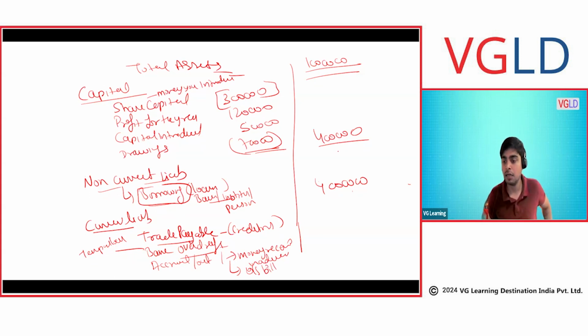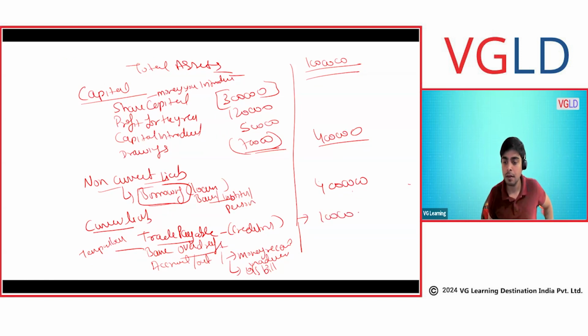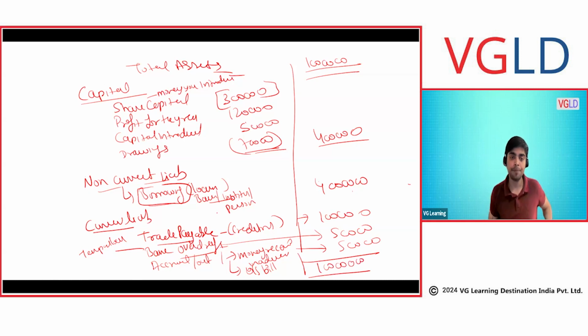So let's make the total. This is 4 lakh. Let's make trade payable 1 lakh, and bank overdraft, let's say 50,000, and then the balance would be 50,000. Now if you see, this also comes out to be 10 lakh.